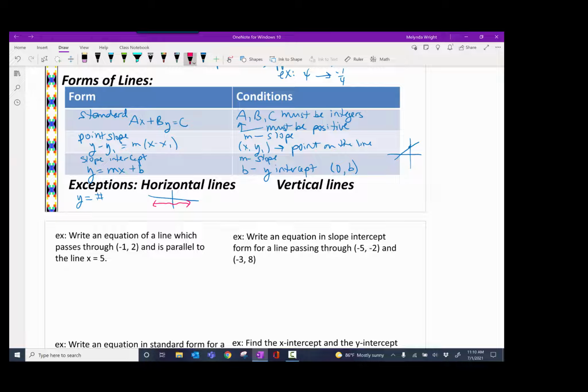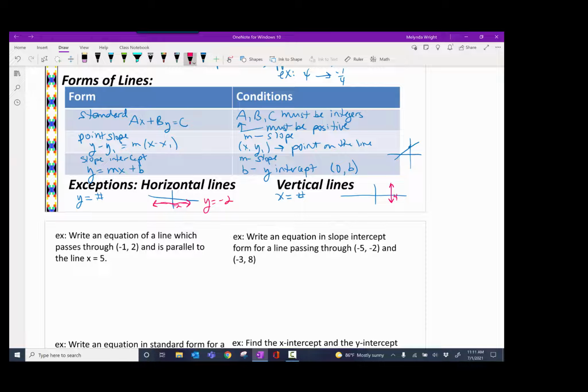So the equation of this line would be y equals -2. A vertical line, on the other hand, would have an equation of x equals some number. Because if you look at the vertical line, notice the x value, let's say this is a 4, is the same all the time. So this equation would be x equals 4. So that's just some reminders.